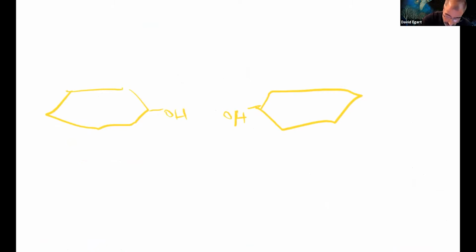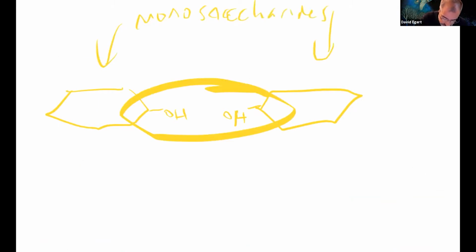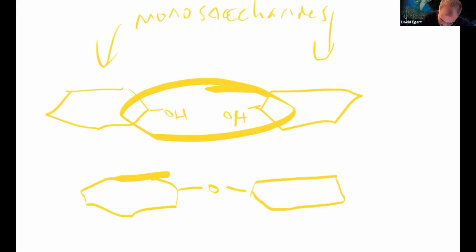If I have two monosaccharides, and I'm going to bridge them here, what happens is the bridge ends up being like this, and we lose an H2O, right?